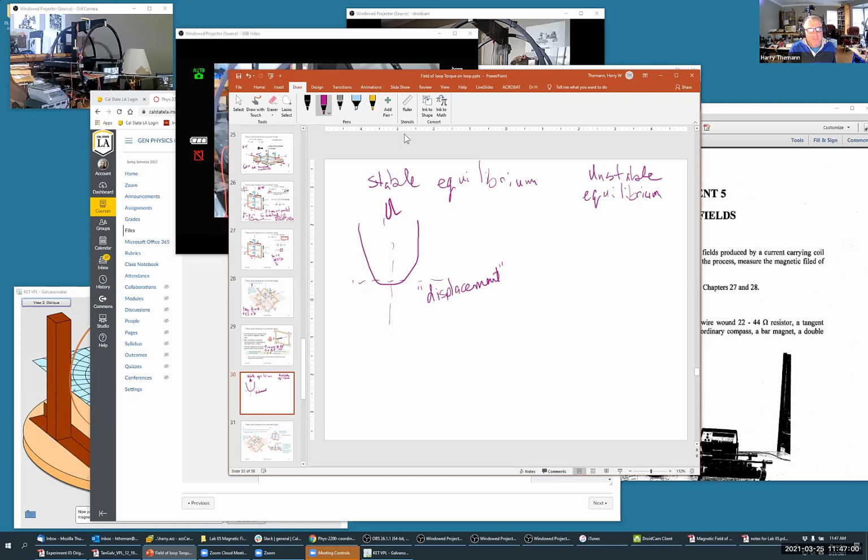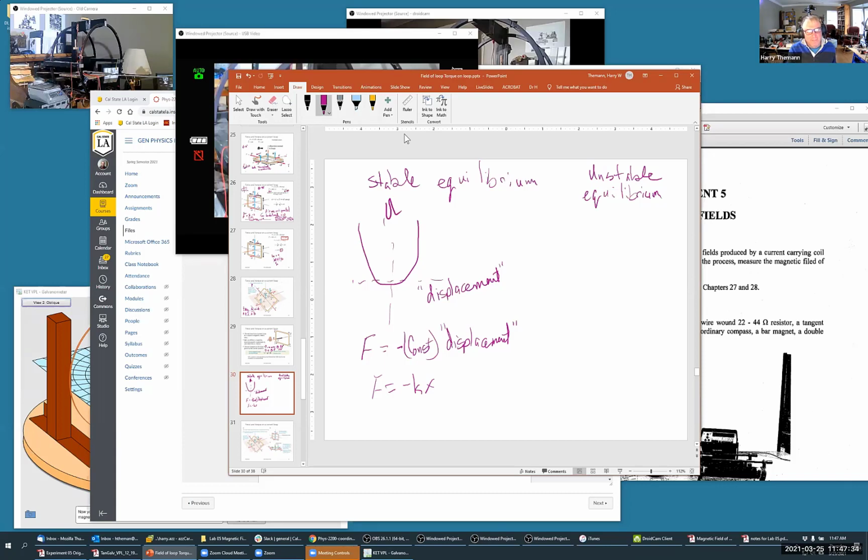If you have a force that equals negative some constant times the displacement, so spring is F equals negative kx. So if I pull on the spring, the force pulls back.